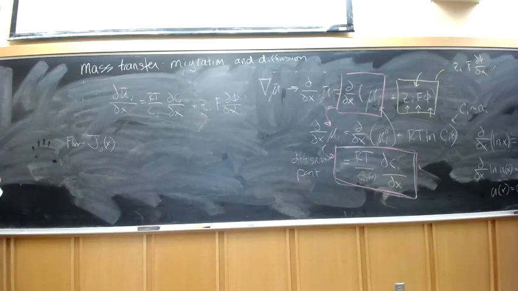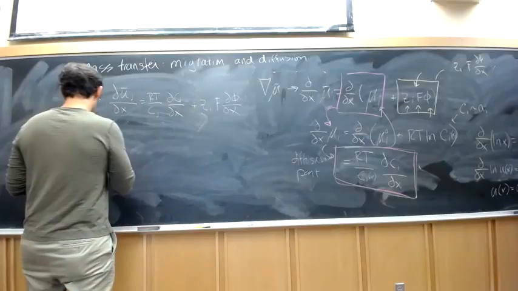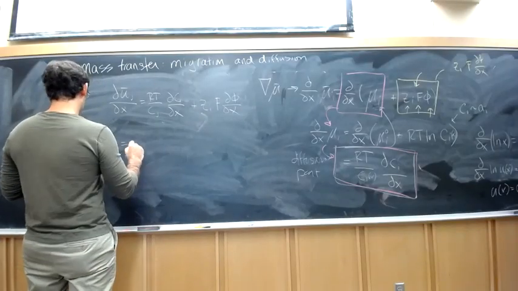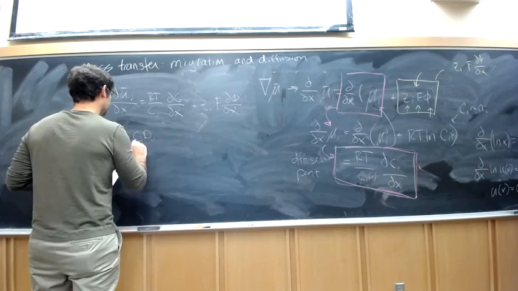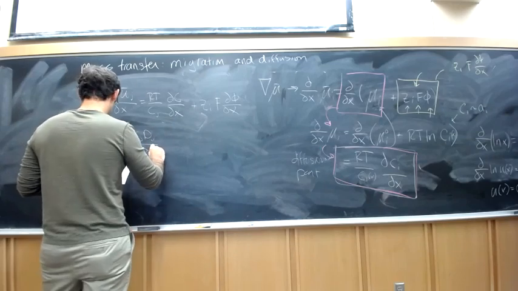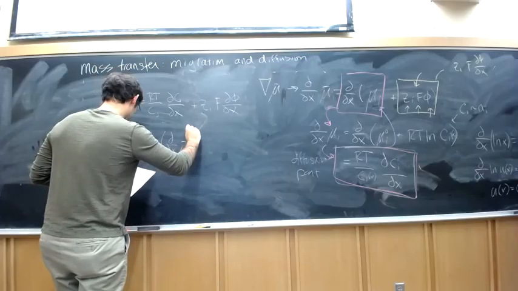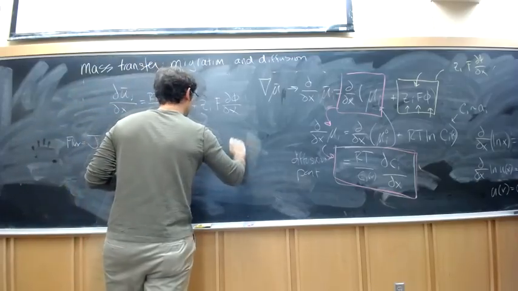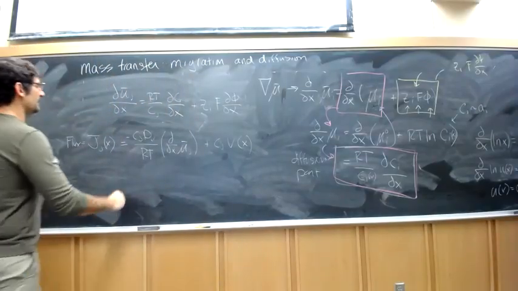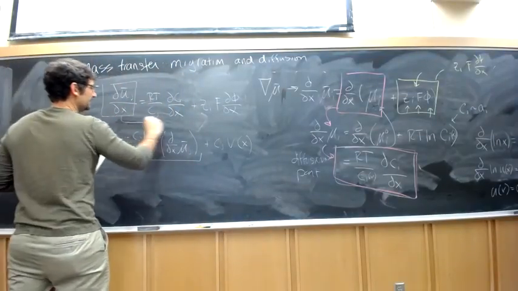So we can easily do that. We just take this and multiply it by those terms we had, which were here. We wrote it negative C_j D_j over RT d/dx of mu bar j, plus this convection term C_j velocity. And then this term we need to plug in. This will go in there.